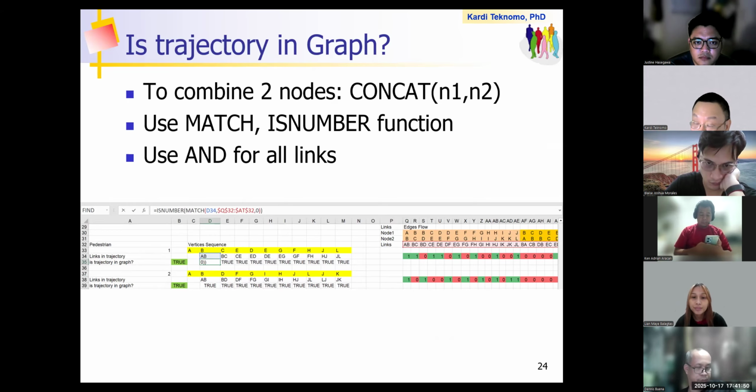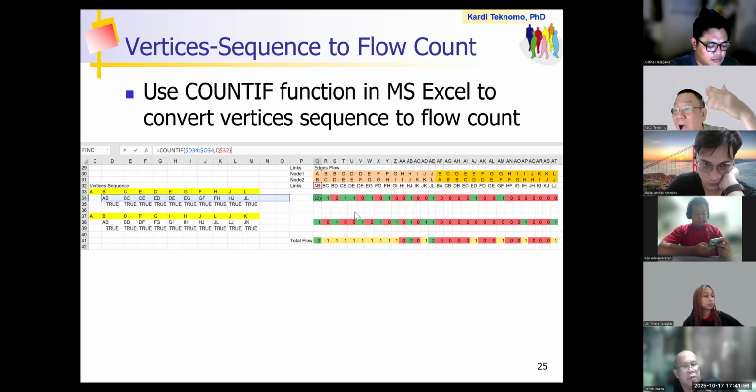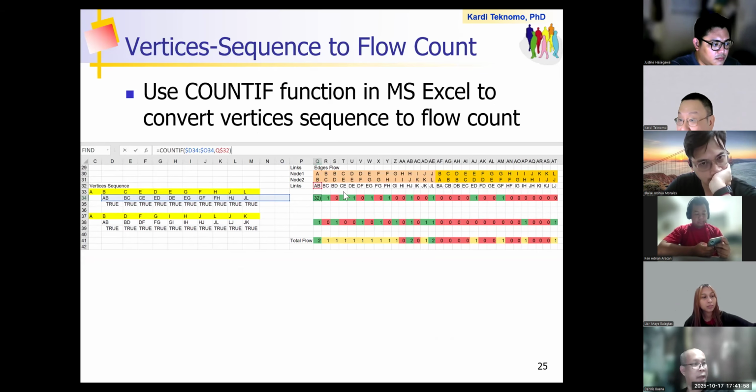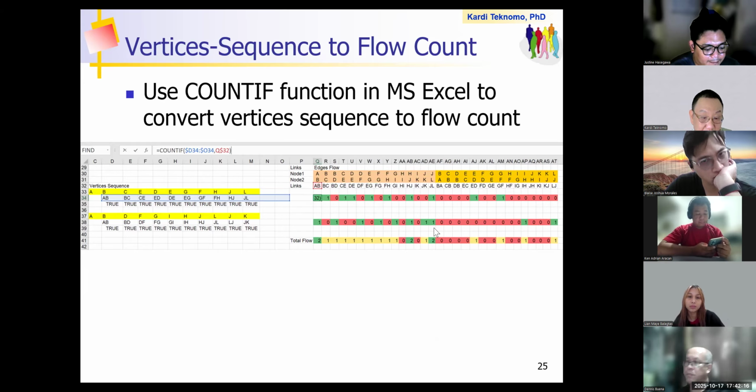So once you have the trajectory on the graph, that's the first check. Then you can count. So I put it back here in these cells, per trajectory. Then you can count in total, counting if they are true.